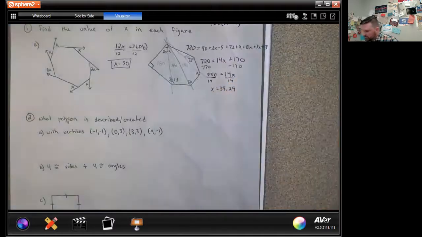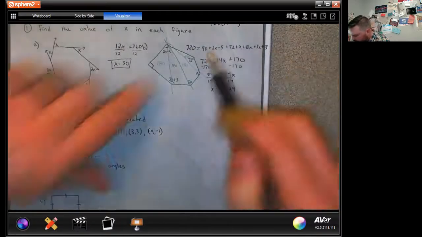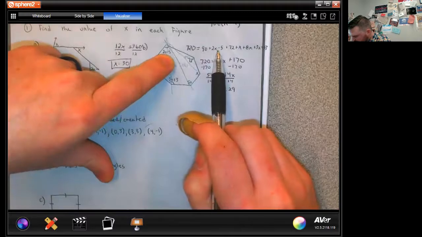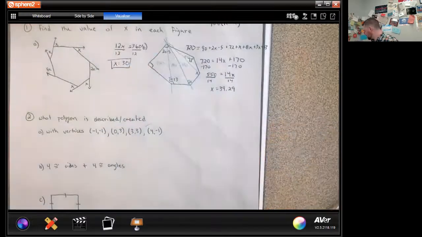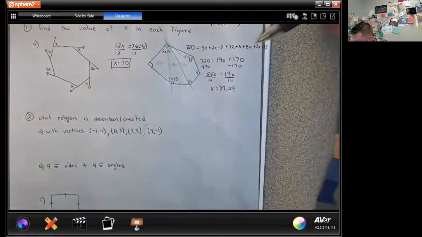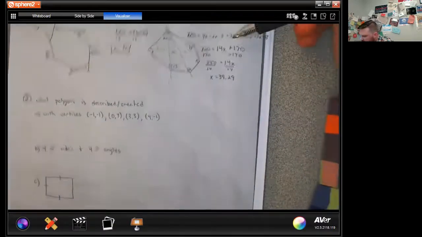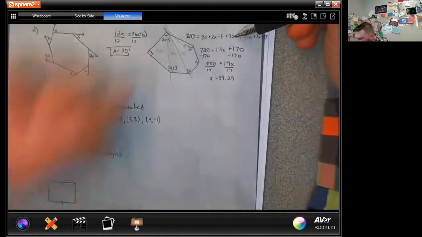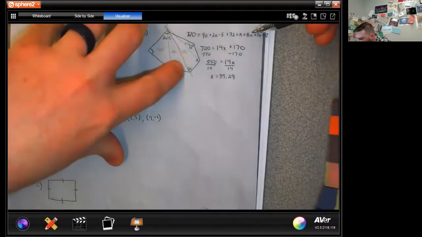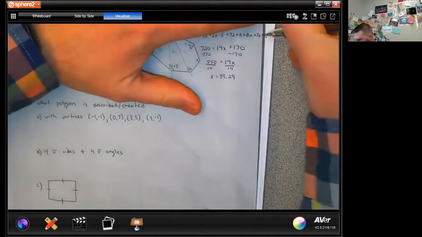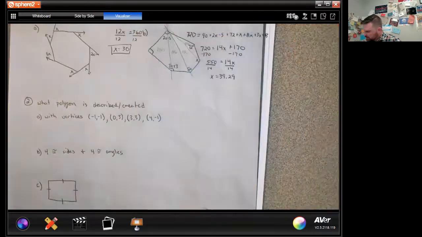And we got x equals 39.29. Let me just double check all this over here, make sure I wrote it down. So that's 90, 2x minus 5, 72, an x, 8x, 3x. Oh, that was plus 3, not 13. That's my fault.